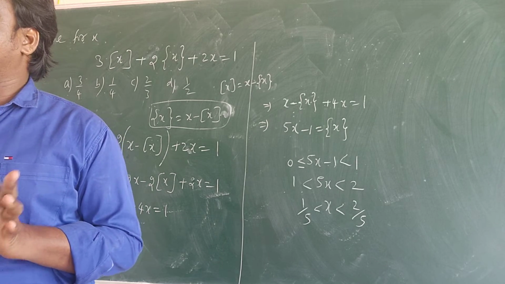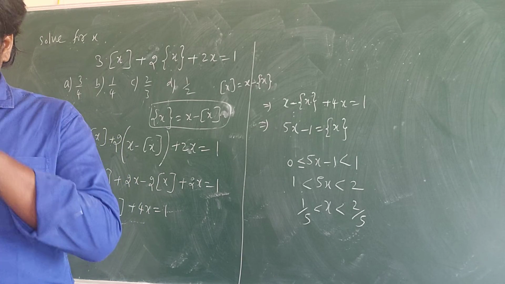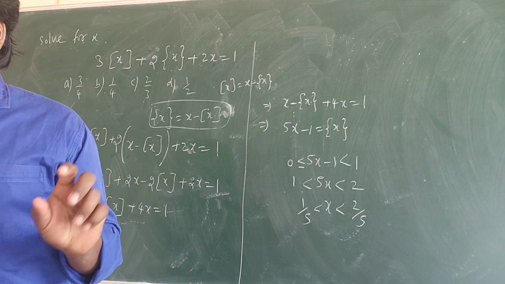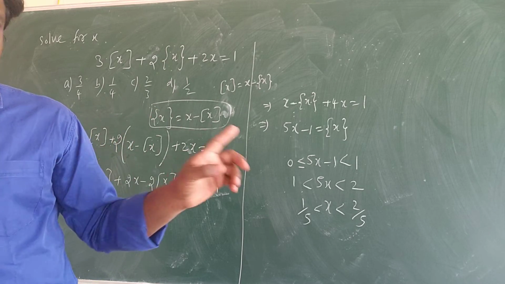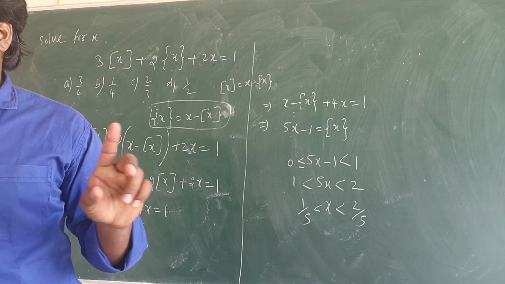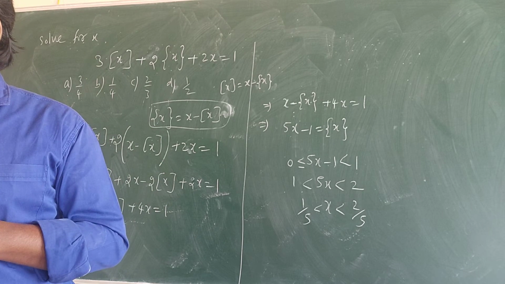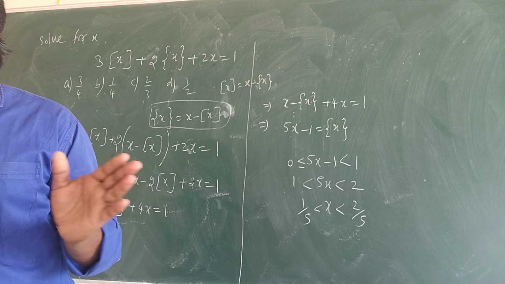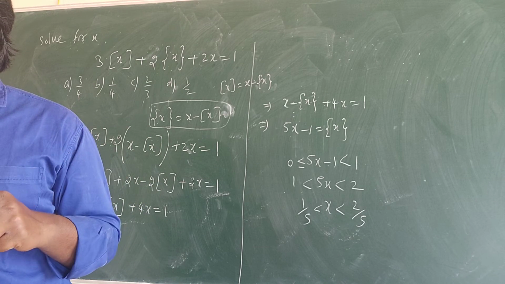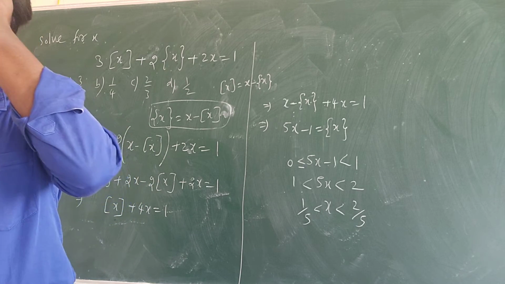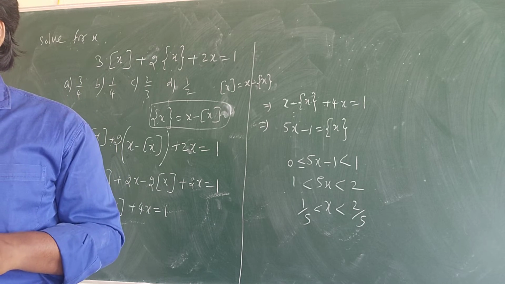1 by 5 means what is the value of that? 0 point something. 2 by 5 means what? 0 point something. In 0 point something, what is the fractional part of that? 0.25 is there. What is the fractional part there?